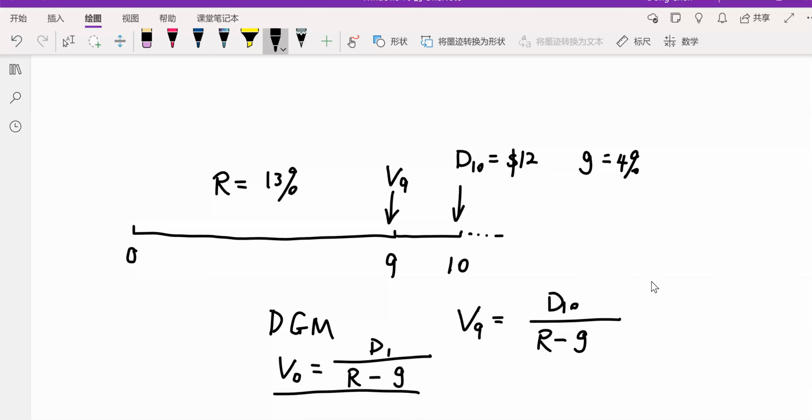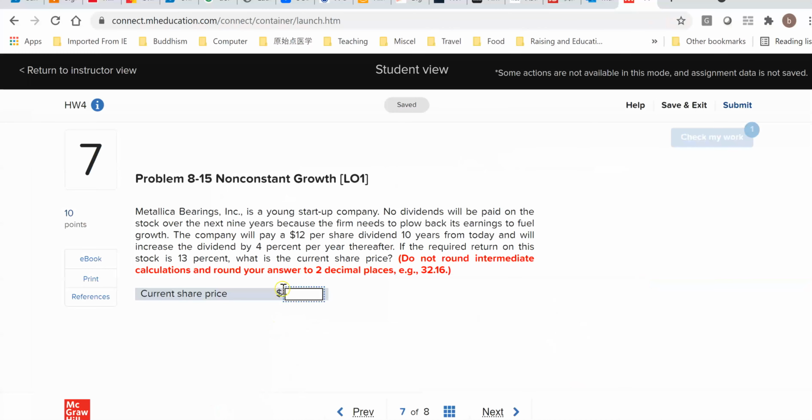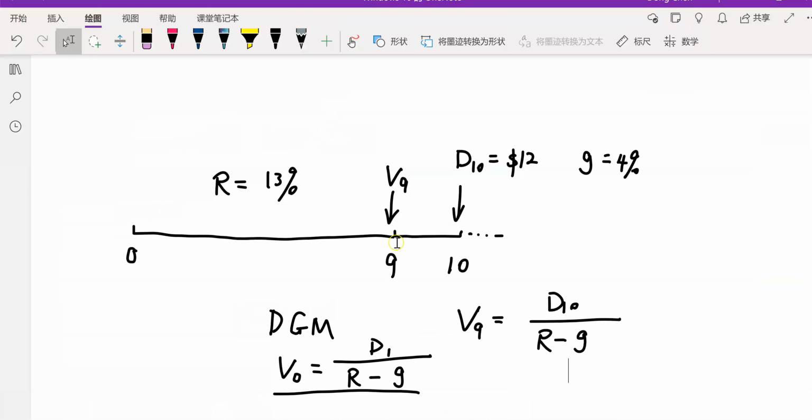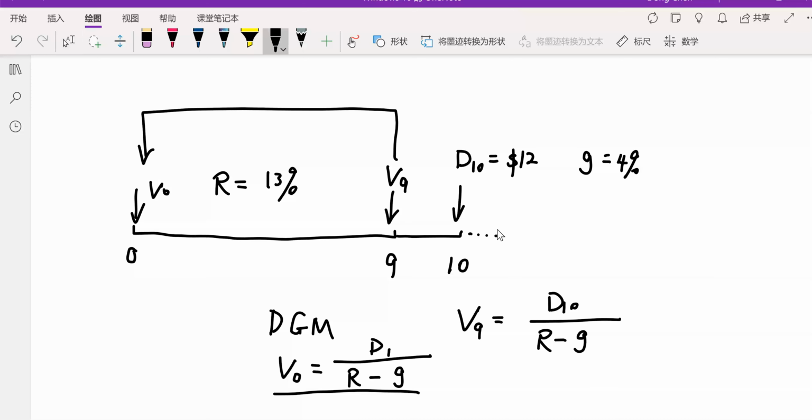But the question is not asking for the projected stock price 9 years from today. It's asking for the current share price. So once we have V9, we can discount it back to the true present to get V0. We just apply the formula for the present value of a single future value.